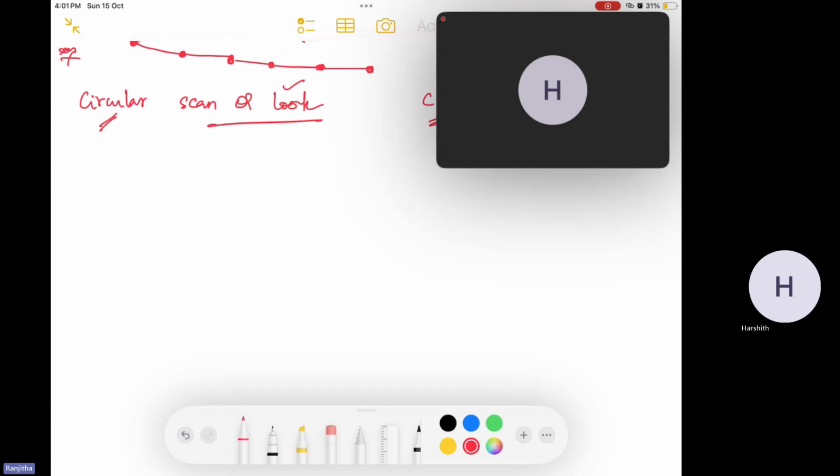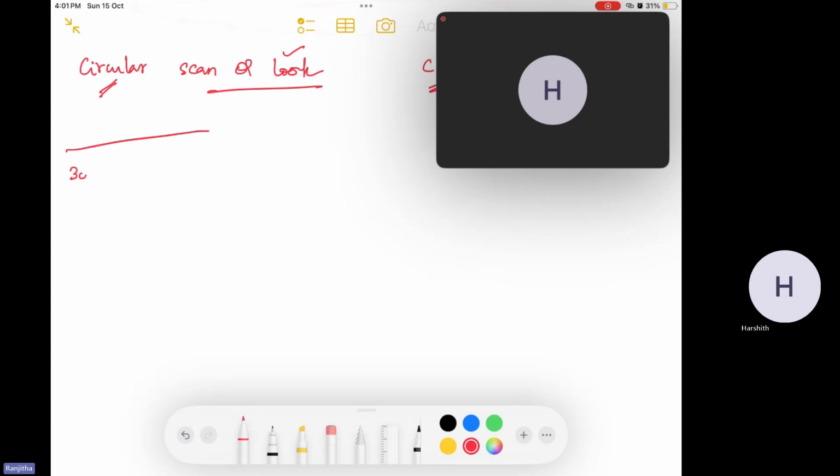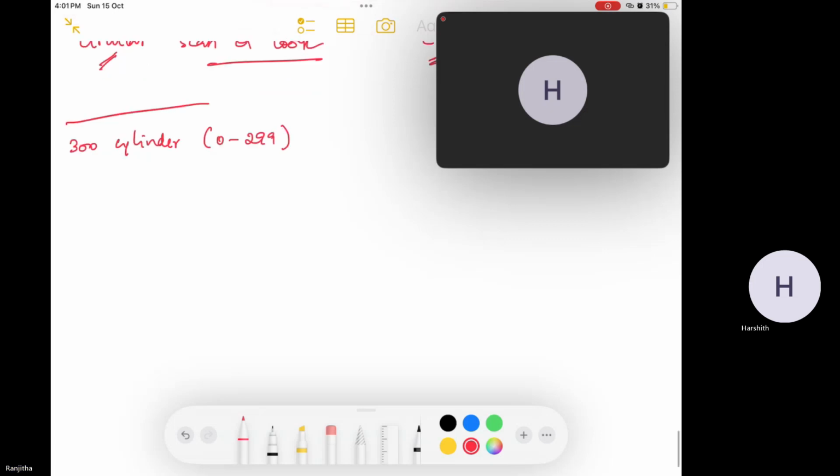So the question is, we have 300 cylinders, 0 to 299.